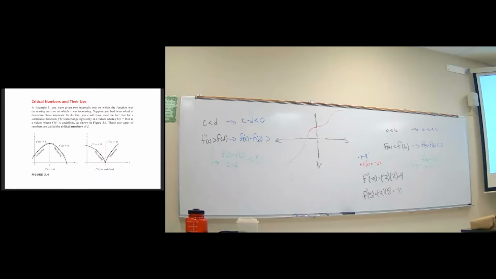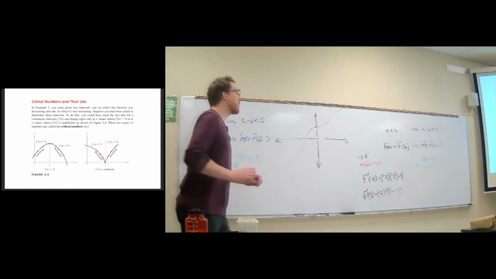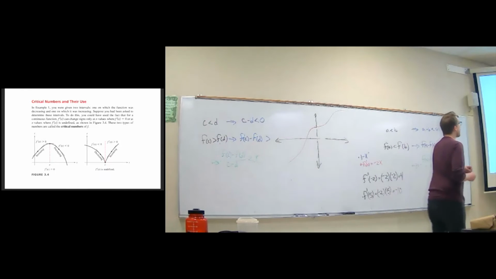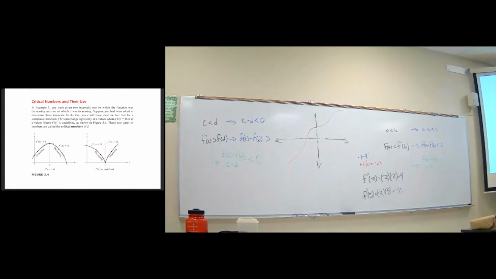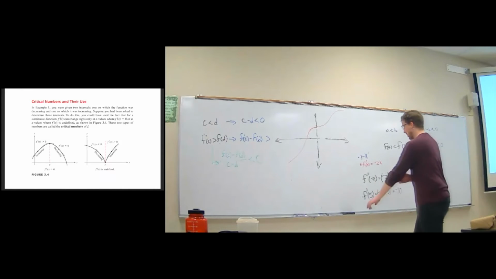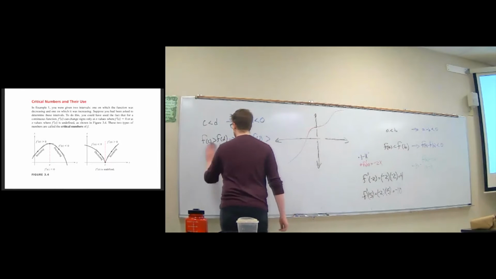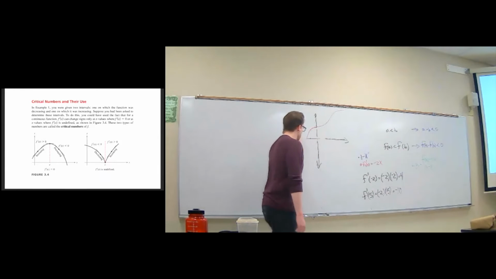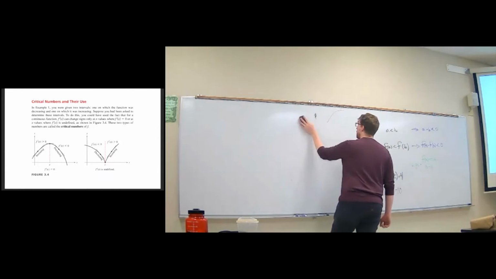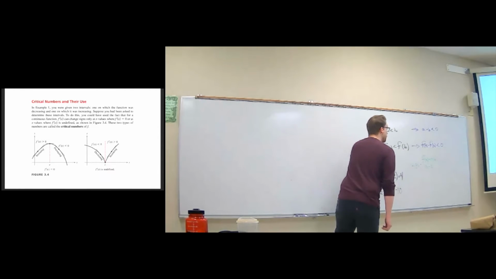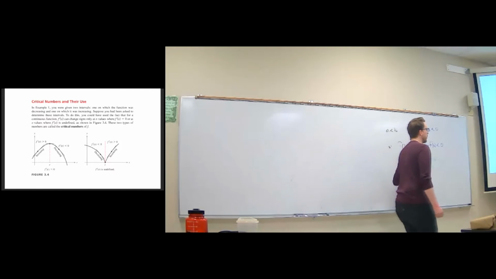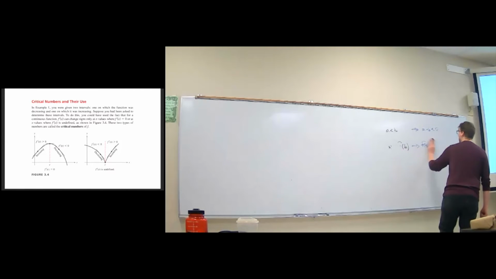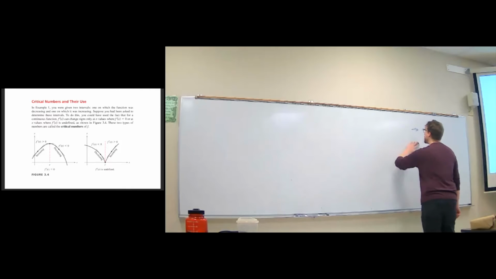Now, having said that, this point I was making before about your function being 0 at a point, what's called a critical number. And what the critical numbers do is they tell you something about the behavior of your graph, how it changes.